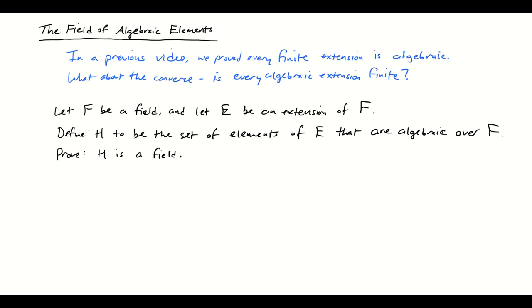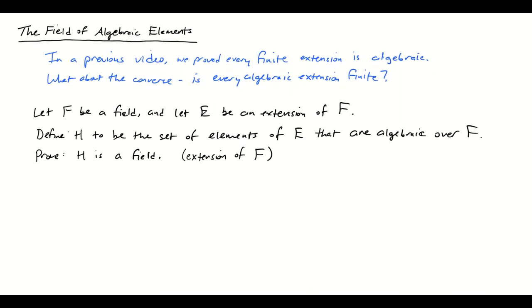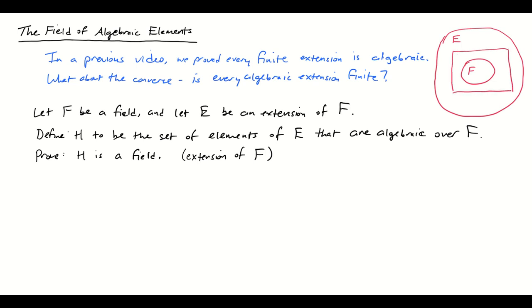But we will prove in this video that H is a field, and it's a subfield of E, and it's also an extension of F. Okay, so just to draw a picture here, here's our base field F, and then we have some extension of F, that's E, maybe quite large, maybe of infinite degree over F, and then we have this thing in the middle that consists of all of the algebraic elements of E over F. I claim that's a field, and it sits between F and E.